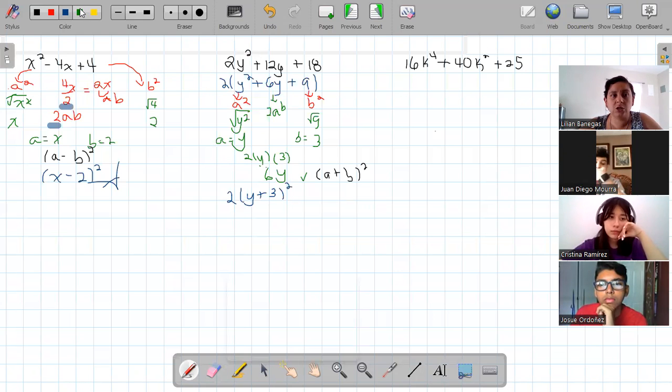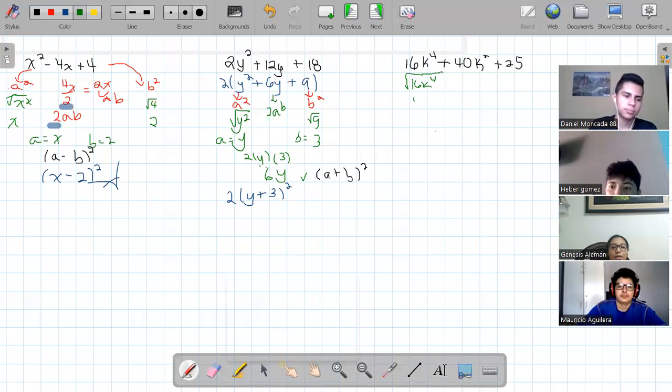I'm just going to skip writing the a squared and the b squared. I'm just going to find the square root of 16k to the 4th power. 4. 8 times 8 is not 16, so the square root of 16 is 4.